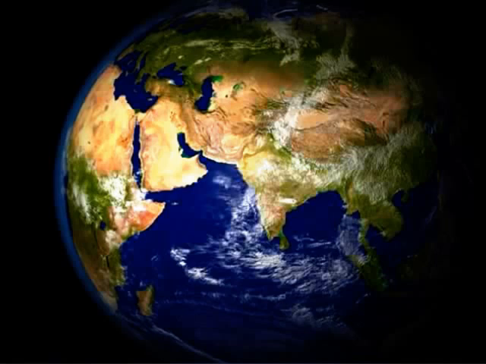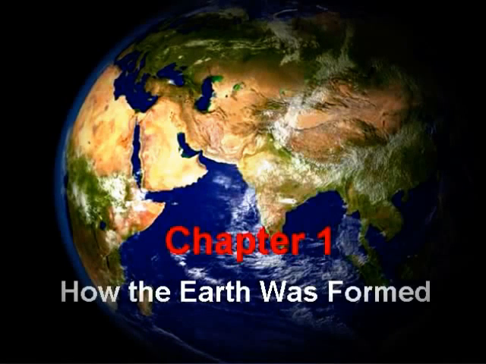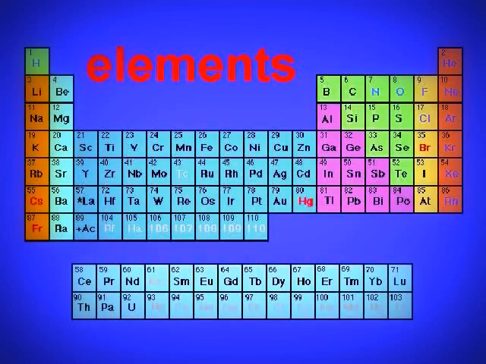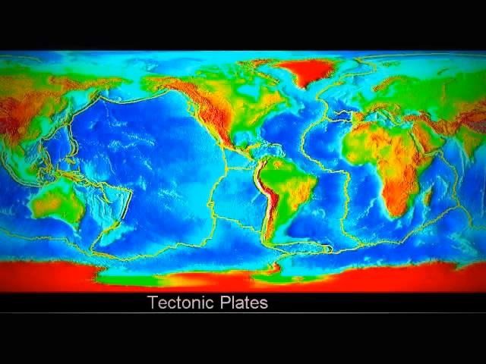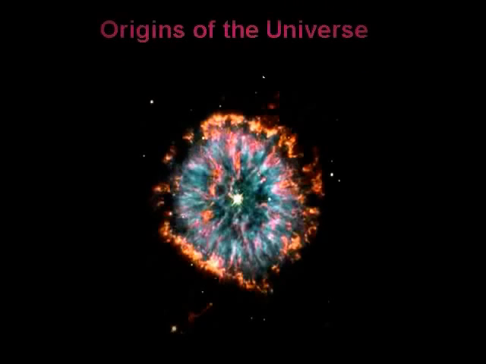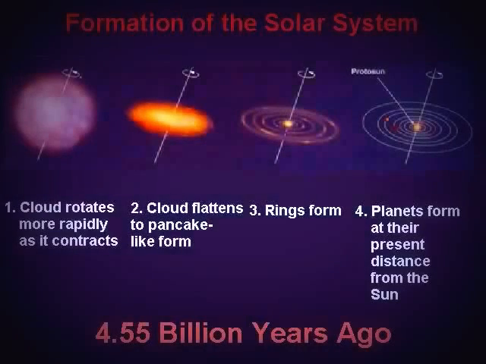Chapter 1, How the Earth Was Formed. In this chapter, we're going to talk about the origins of the earth and plate tectonics. To understand where oil and gas come from, we need to understand first how the universe was created and then how the earth was formed from this creation.